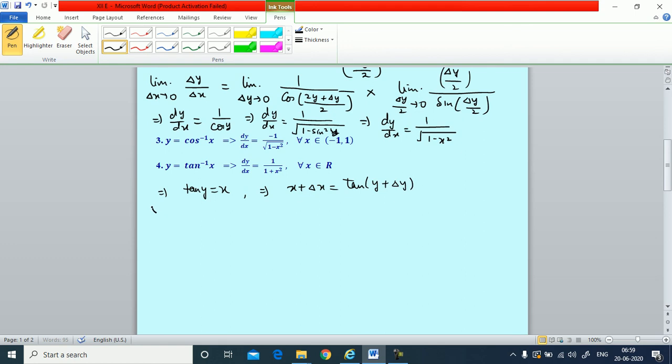And if we subtract both the equations, we get delta x is equal to tan of y plus delta y minus tan y. So you quickly recall, what can you write for tan A minus tan B?